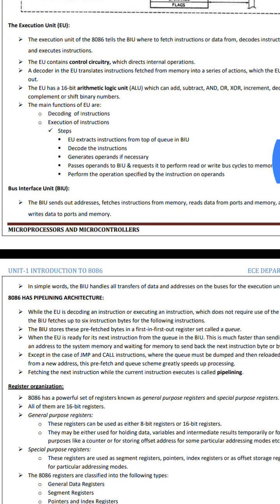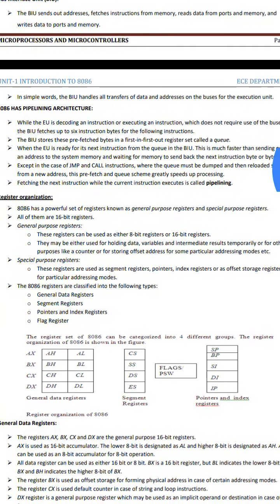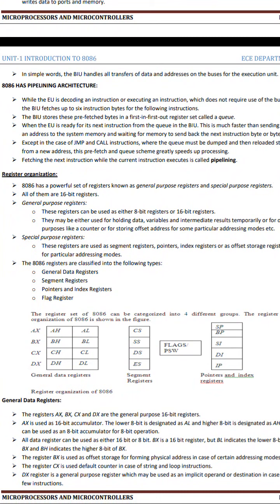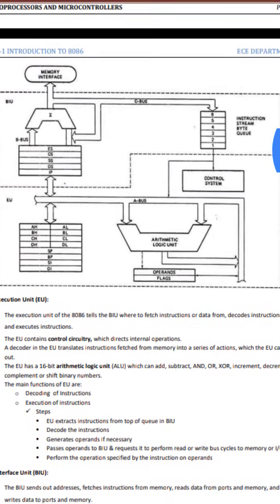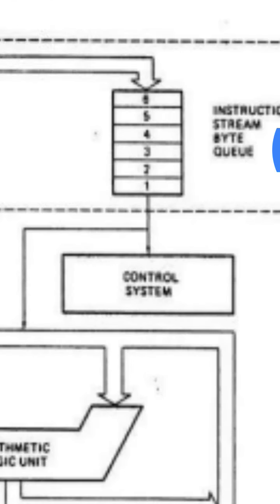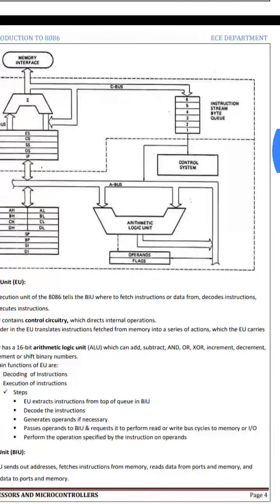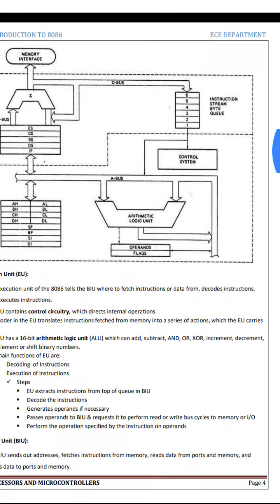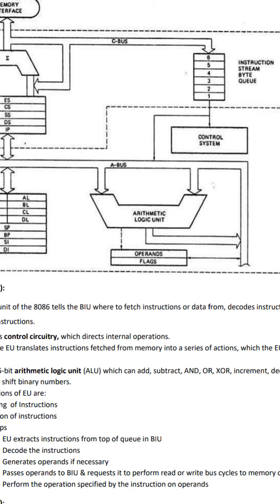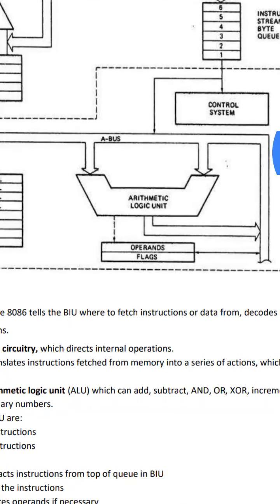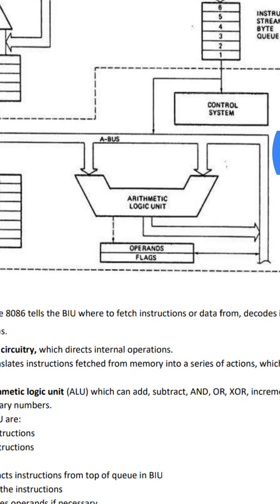The bus interface unit we have seen. Now another important feature of the 8086 is its pipeline architecture. See how the pipeline architecture works. As the instruction queue prefetches the opcode, the previous instruction is decoded in the EU and the operations on the decoded data and instruction are performed.